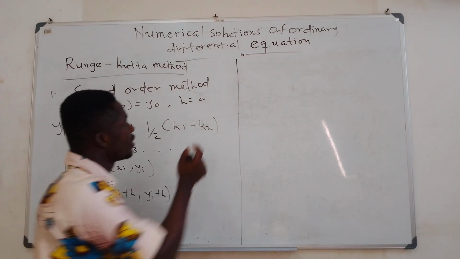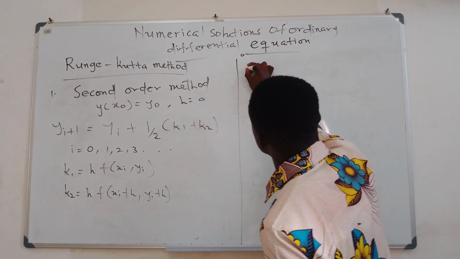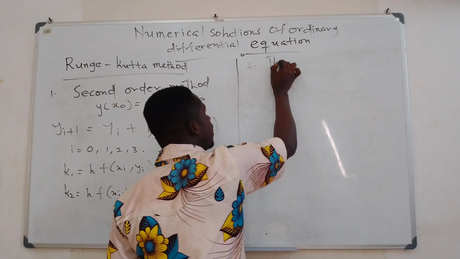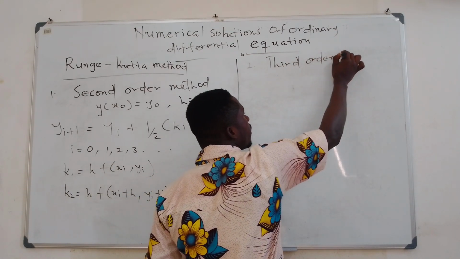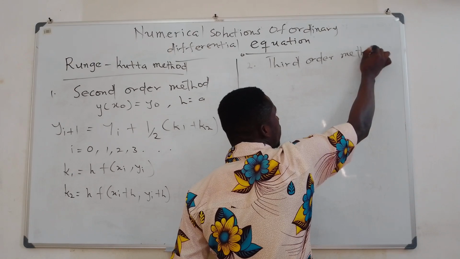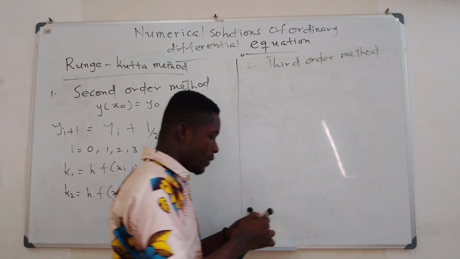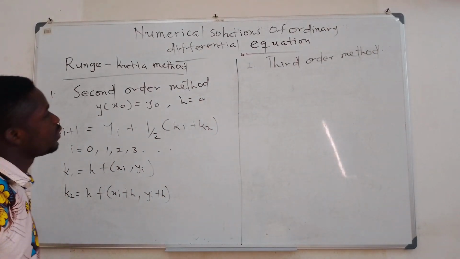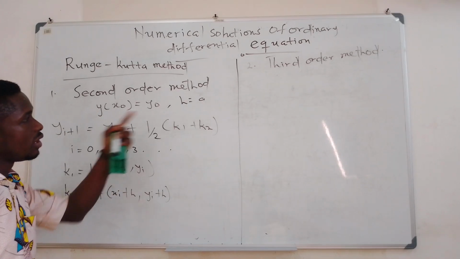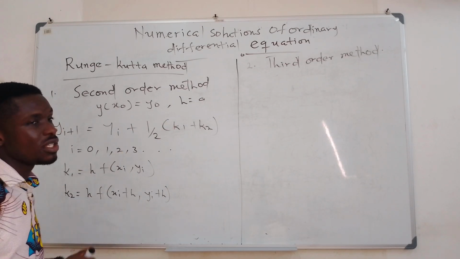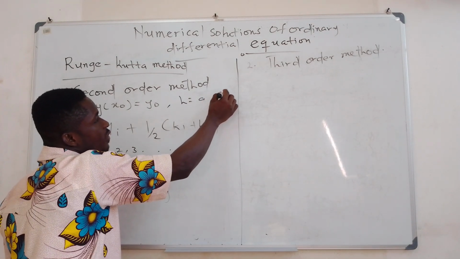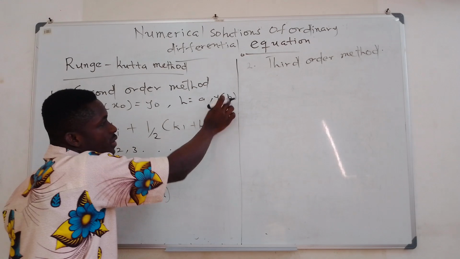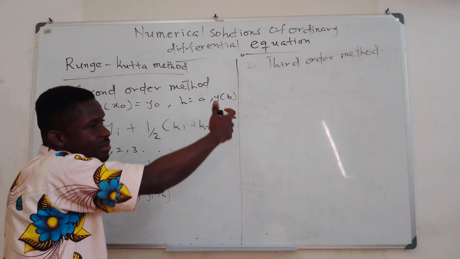Now let's talk about the third order method. As I said, you will be given your initial value and your h value and the point that you are estimating at. So let's say you are estimating y of b. This will be the point that you are estimating at.